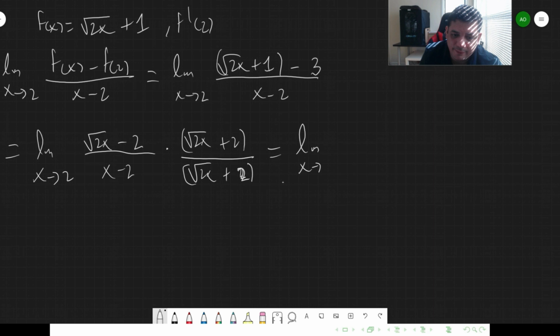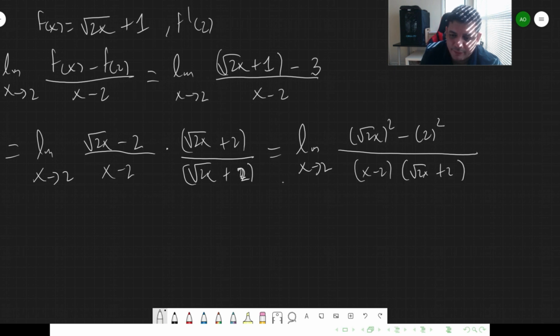And now if we do that, then we're going to get the difference of the squares. So square root of 2x plus 1, squared, minus 3 squared. That's what we get on top. And on the bottom, we get this. Now, the bottom is not something that we really care about at the moment, and that's fine.